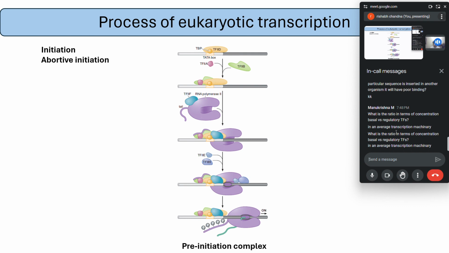Okay, so there is no ratio kind of thing in the transcription machinery, but they might be present in equal ratio as far as my understanding is.